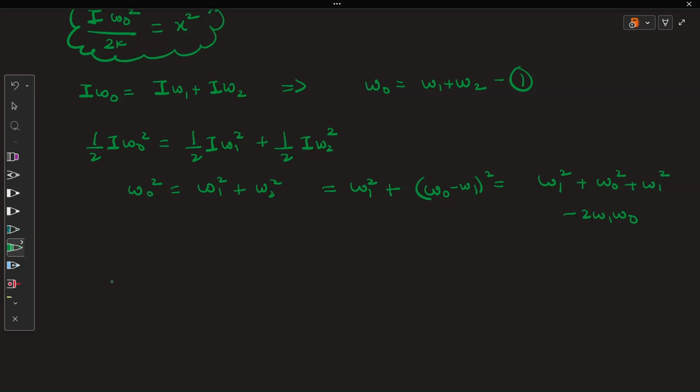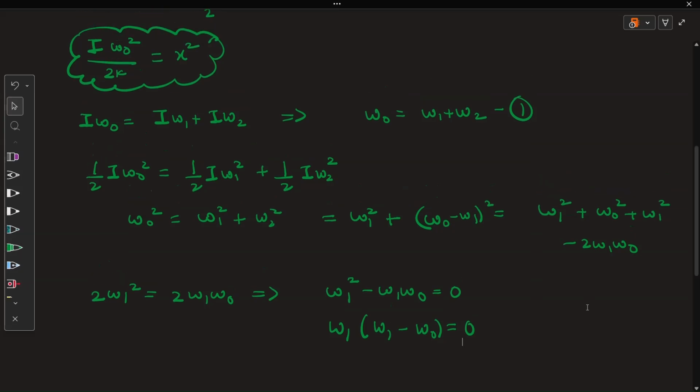The omega naught square gets cancelled, so we get 2 omega 1 square equal to 2 omega 1 omega naught. So omega 1 square minus omega 1 omega naught is 0. Taking omega 1 common, omega 1 times omega 1 minus omega naught equals 0.